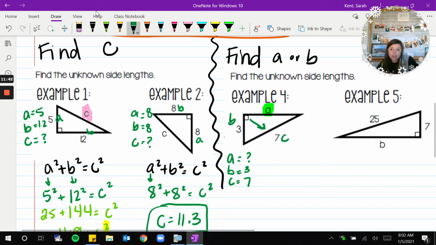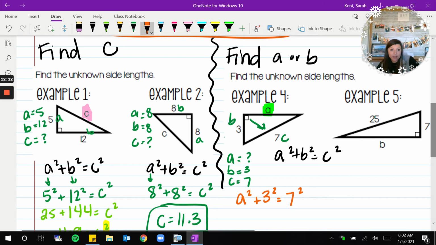Using the same formula of A squared plus B squared equals C squared, I can plug in what I know. We don't know A, so I'm just going to leave that as A squared, plus B is 3, equals C squared. C is 7. Again, I'm going to show you 2 ways that you can solve it.